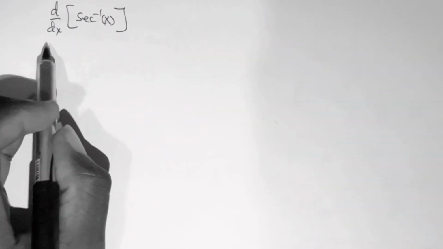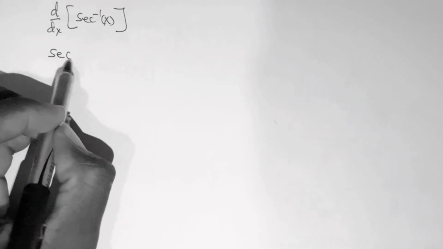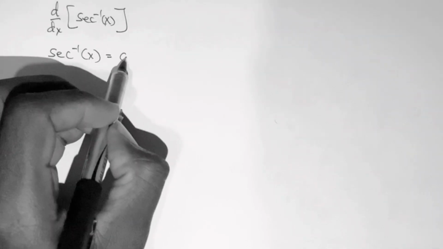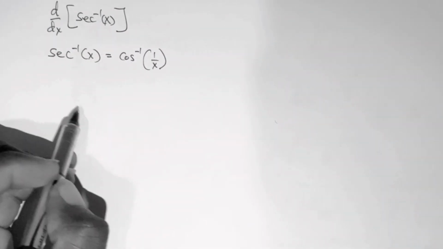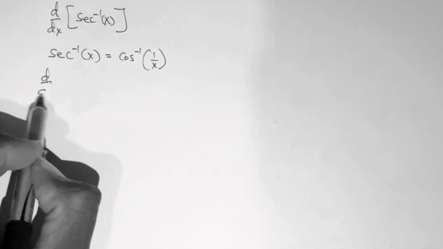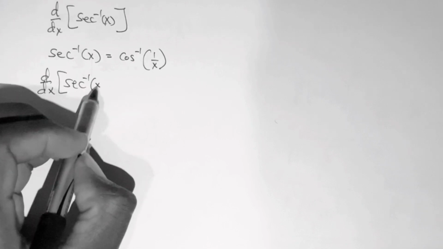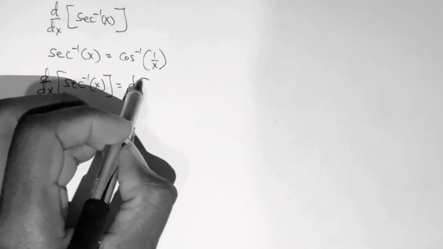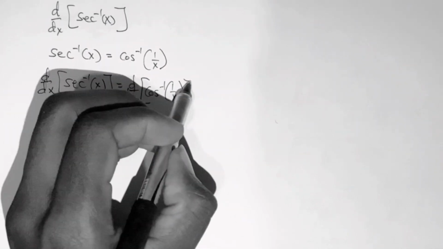So what is d dx of sec inverse of x? But remember that we have already established that sec inverse of x is equal to cos inverse of 1 over x. So d dx of sec inverse of x is equal to d dx of cos inverse of 1 over x.